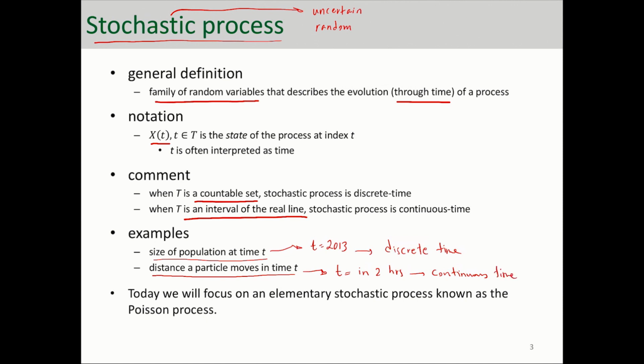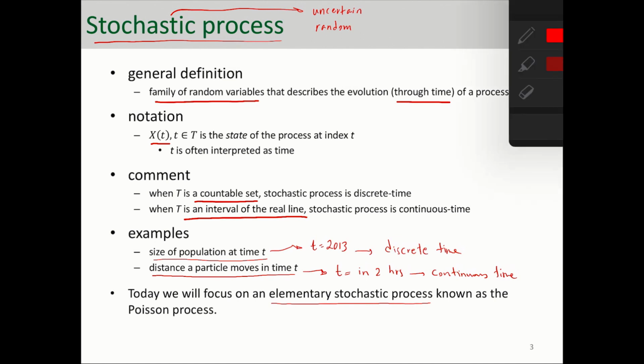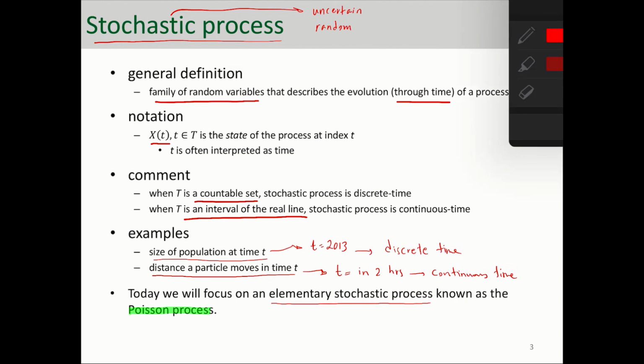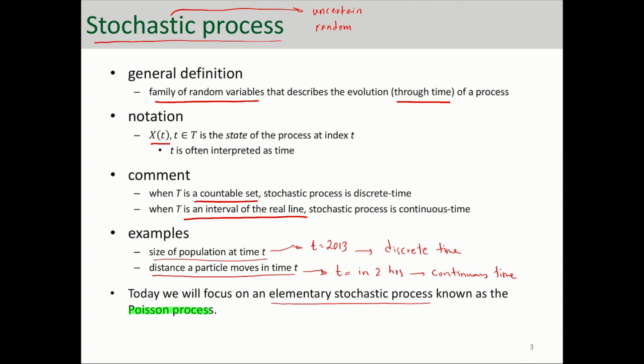What we're going to be focusing on in this module is a pretty elementary stochastic process known as the Poisson process, which is a very common process to model the evolution of a process over time.